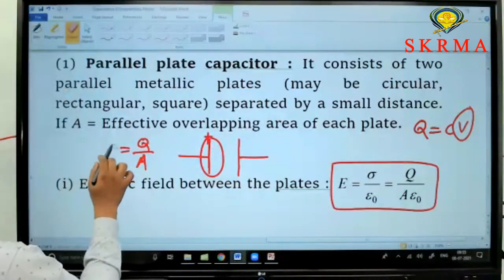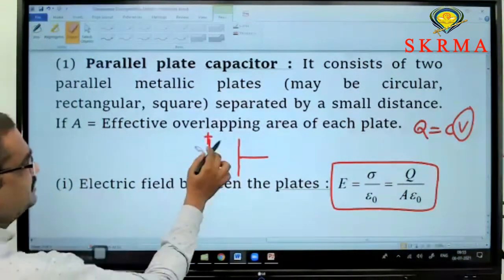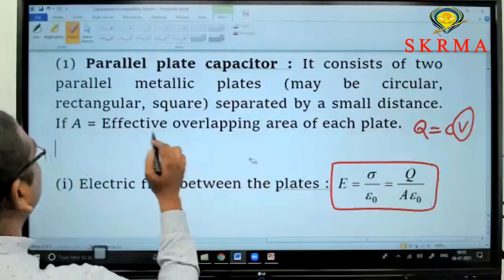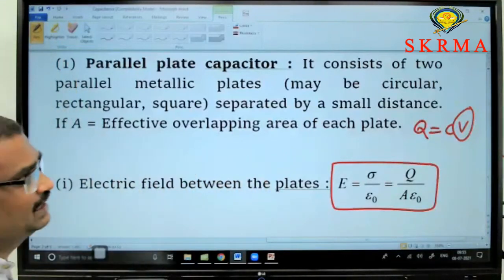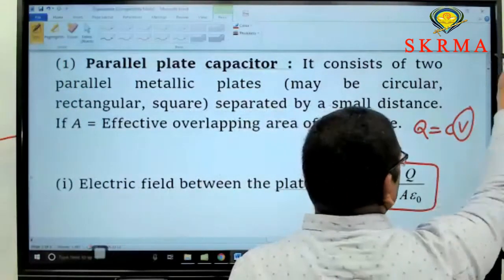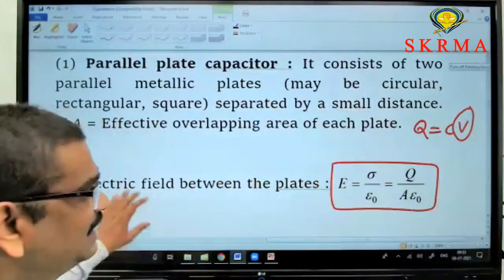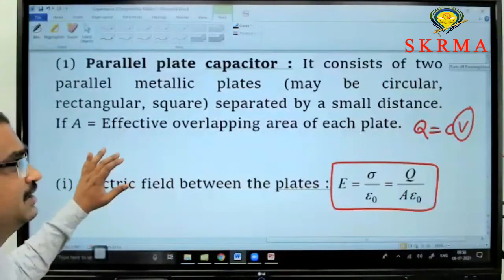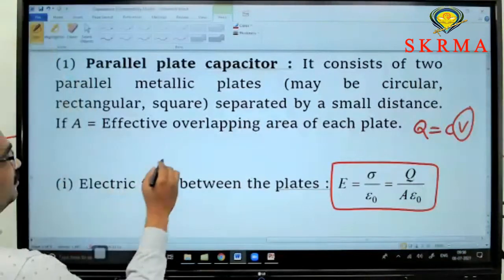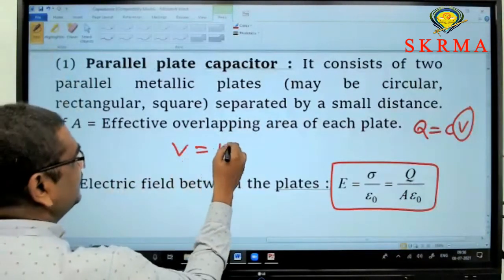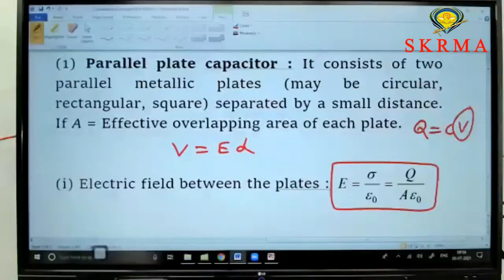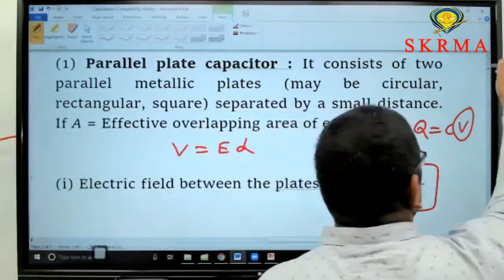Now from this, can you solve for the potential? What is the relation between potential and electric field? V equal to E into D. Use this equation and solve for potential.